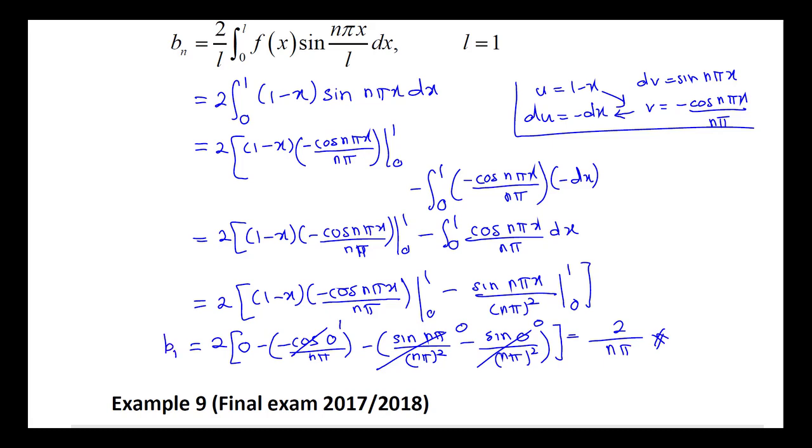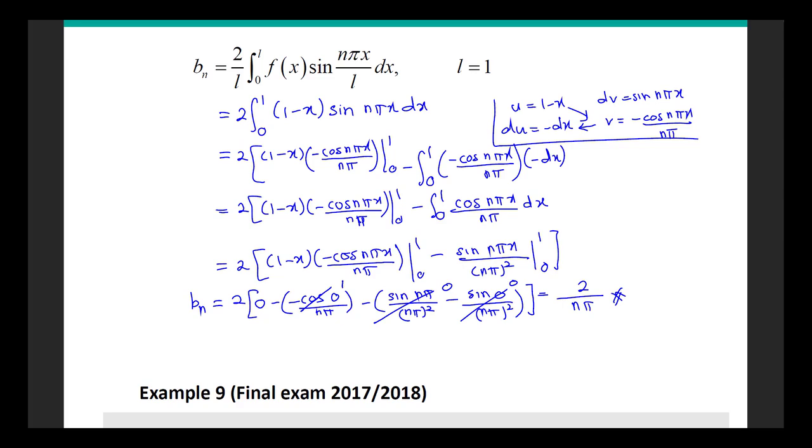So this one is Bn. So f(x) is equal to summation n equal to 1 until infinity, Bn is 2 over n pi sine n pi x.